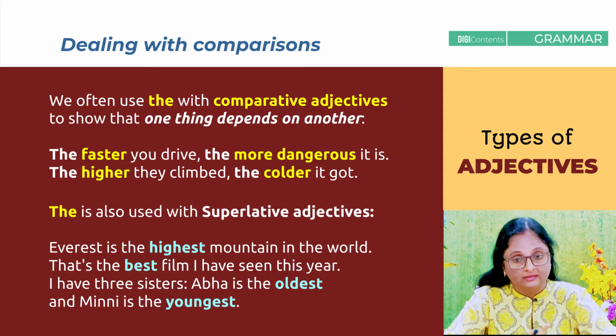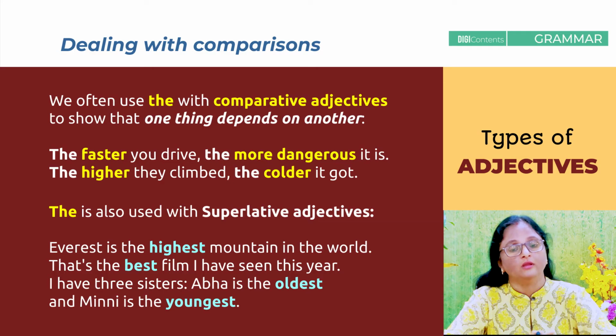Everest is the highest mountain in the world. That's the best film I have seen this year. I have 3 sisters. Abha is the oldest and Minnie is the youngest.